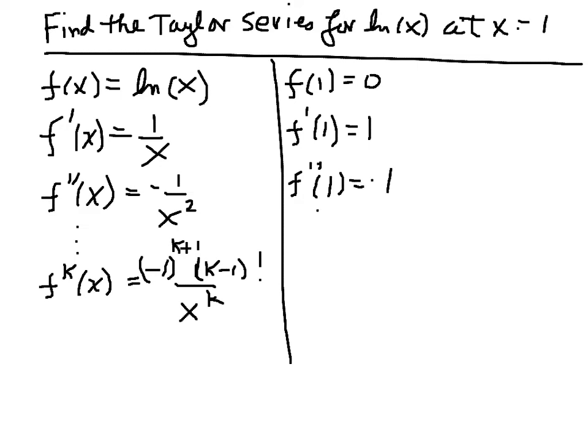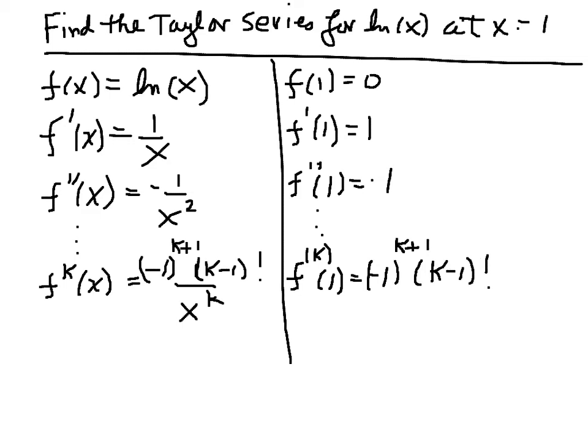And then the big jump, the kth derivative evaluated at 1 will be minus 1 to the k plus 1 times k minus 1 factorial.